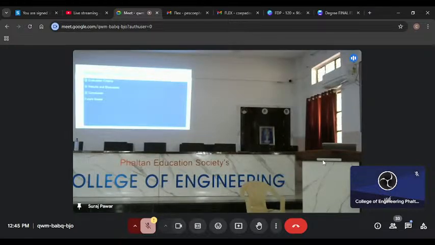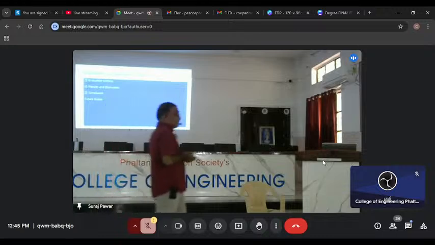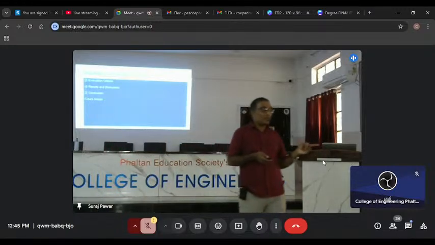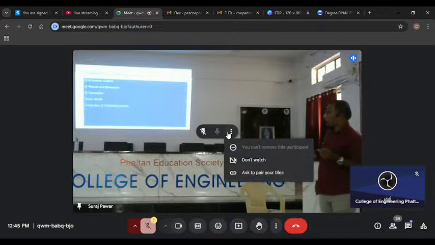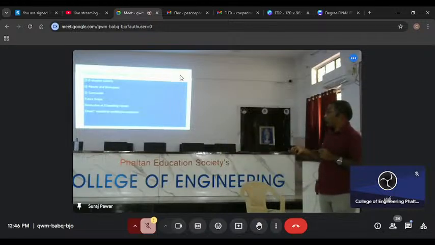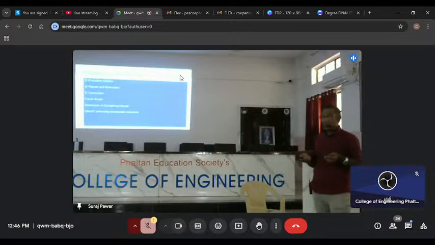Whatever methodology in the previous slide, for each and every modeling, these sections are important, right? Then conclusion, future scope, declaration of competing interest, then CRediT authorship contribution.